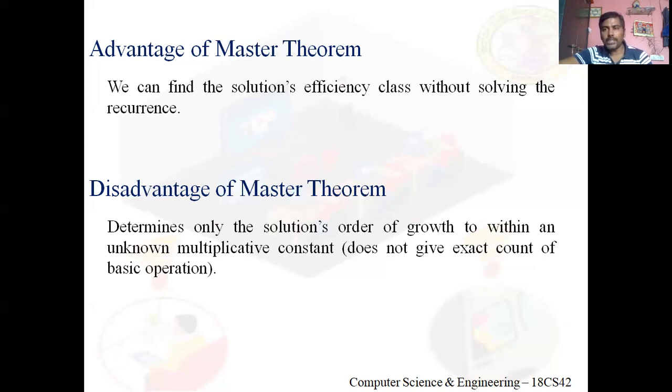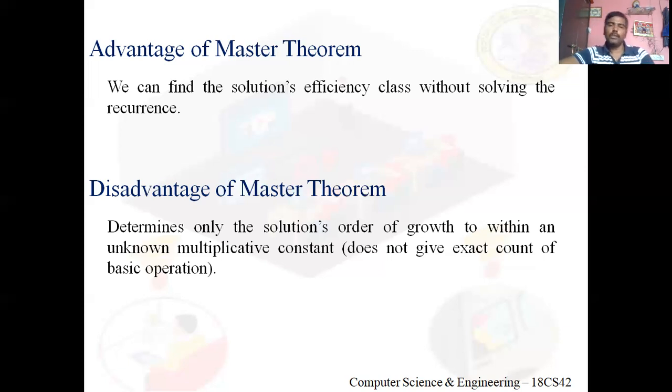But in Master's theorem, I'm not solving the recurrence at all, because I don't have an initial condition. Since I'm not solving the recurrence, I'm not able to get the exact basic operation count. I can just have an order of growth.